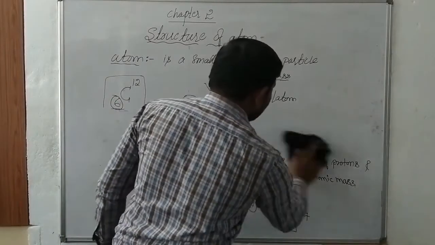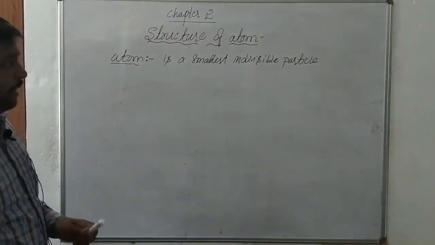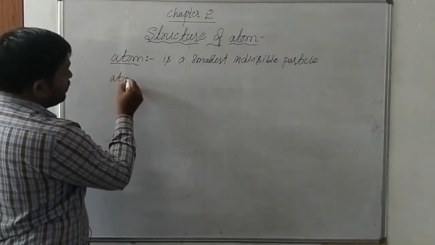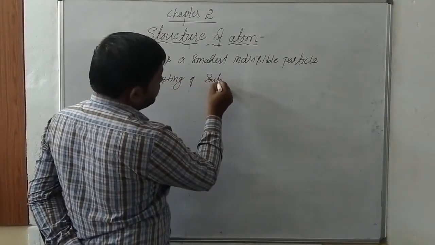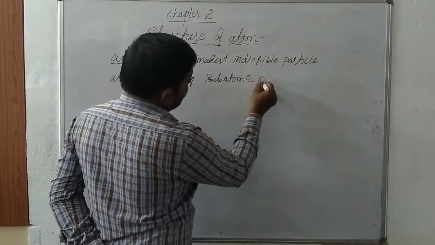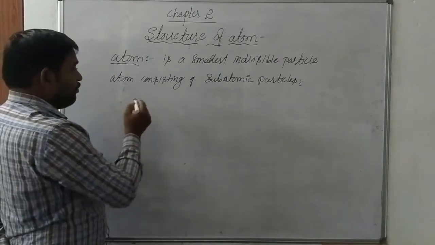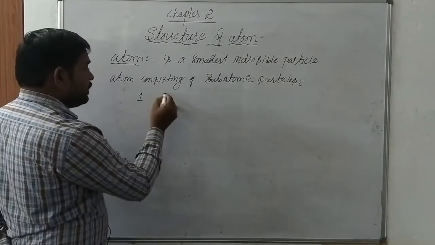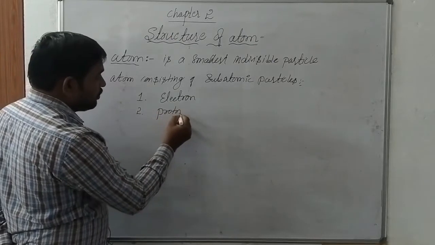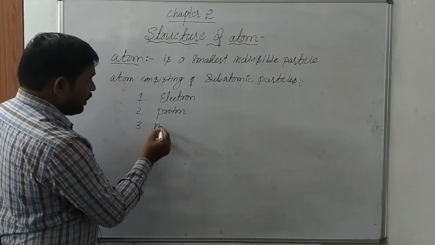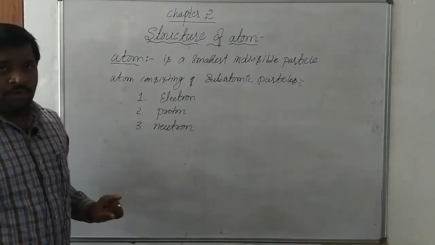One is the electron, second is the proton, third is the neutron. So these three are the subatomic particles of an atom.